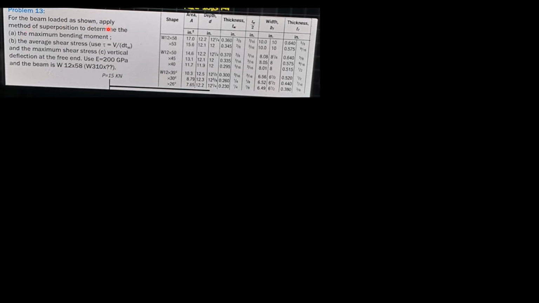For this problem, for the beam loaded as shown, apply the method of superposition to determine: A, the maximum bending moment; B, the average shear stress. Use the formula from steel design: average shear stress equals maximum shear over the quantity depth of the wide flange section times thickness of the web.